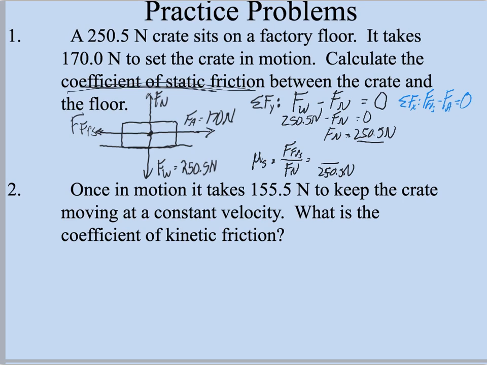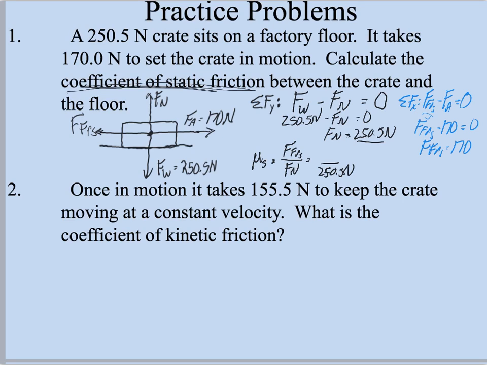And I know that they're going to add up to 0 because just as it starts moving, we reach static friction max. So if I know the applied force is 170, then I know the friction force is 170.